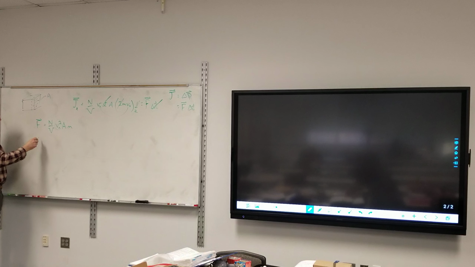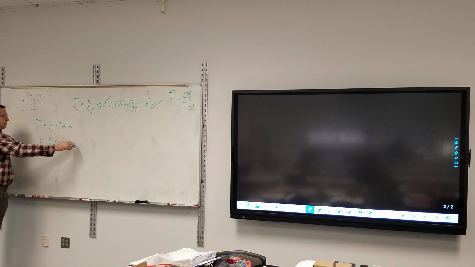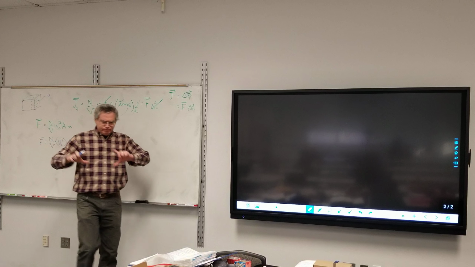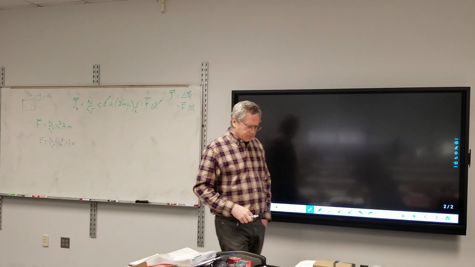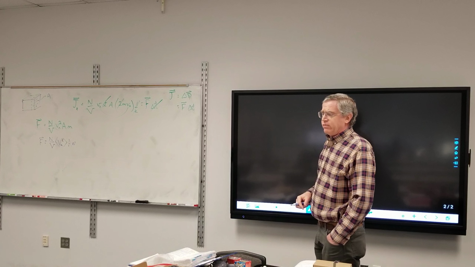This is an average here, because that's an average force, and make it more explicit over here. And the 2 brackets there is yet one more way of indicating average.